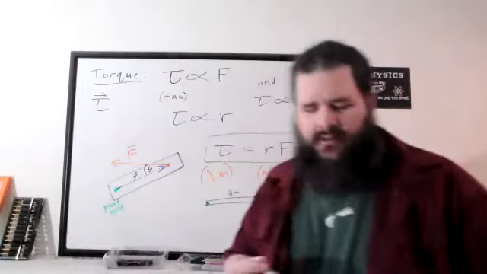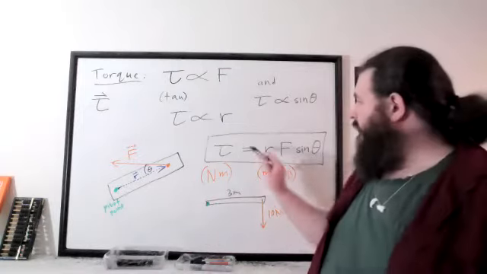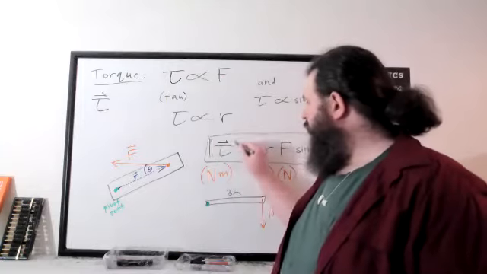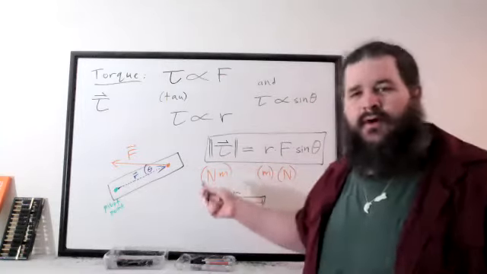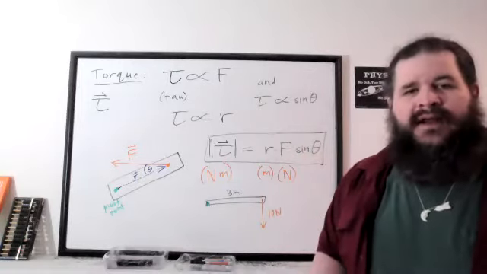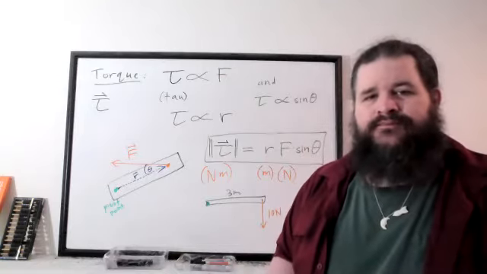Torque has a direction, which means we're going to need a way of describing the direction. We've got the magnitude of torque, probably written with magnitude bars. Magnitude of torque is radius times force times sine of the angle between them. But as for direction, we're going to need a way to define the direction of torque.